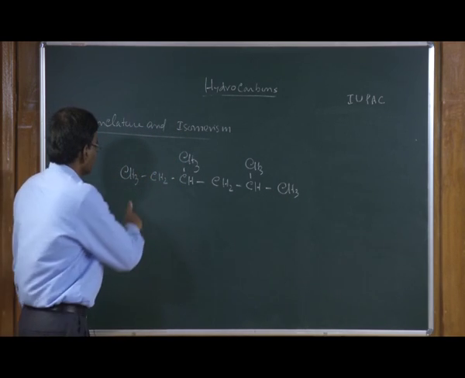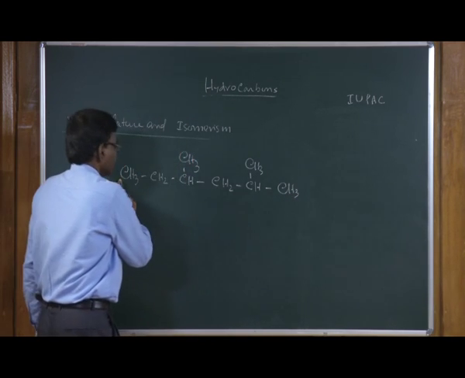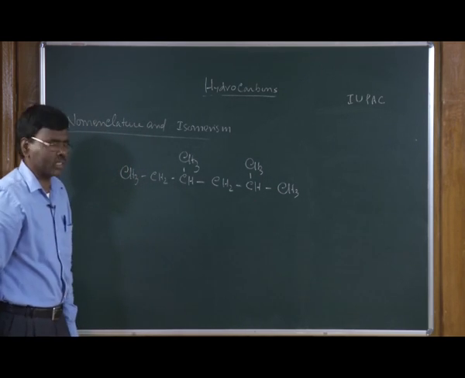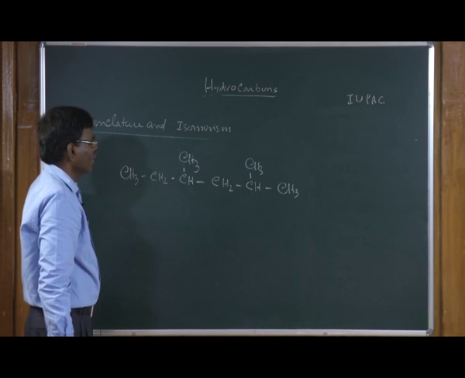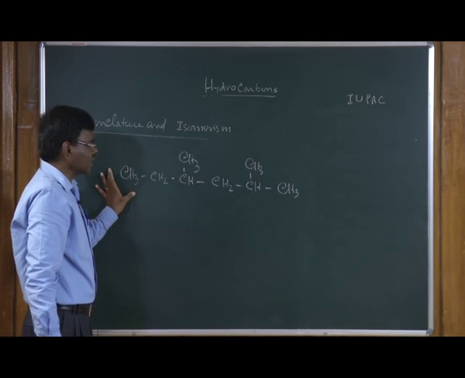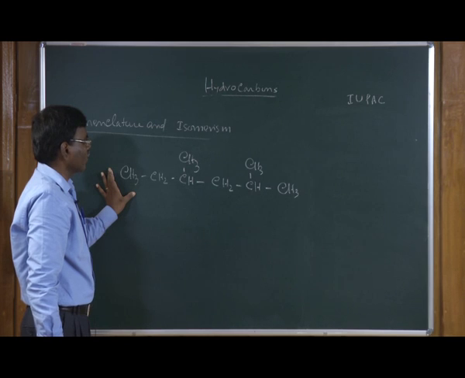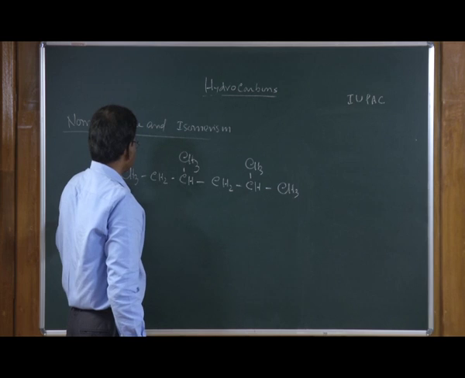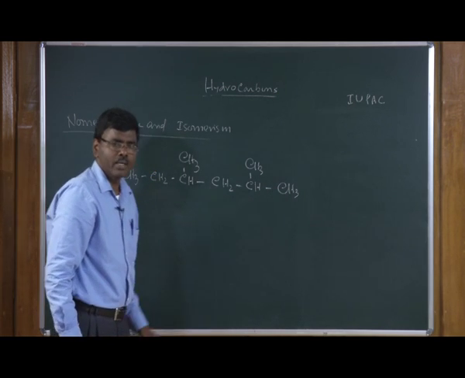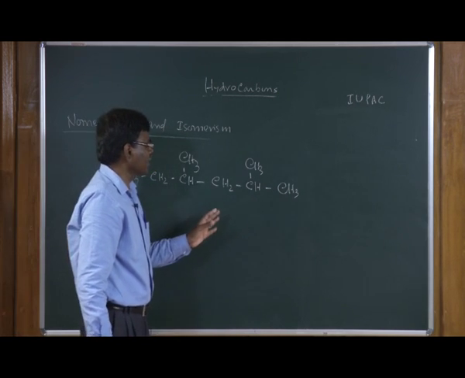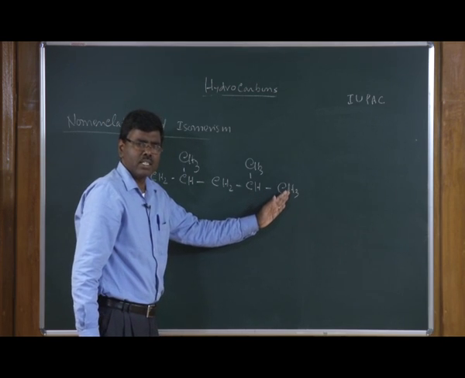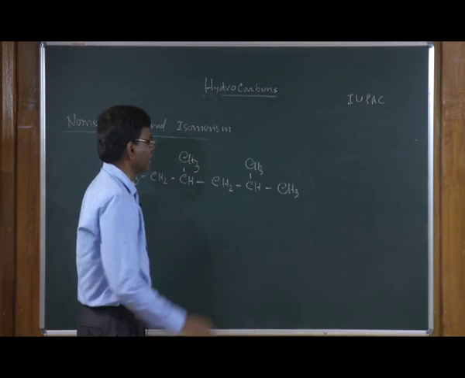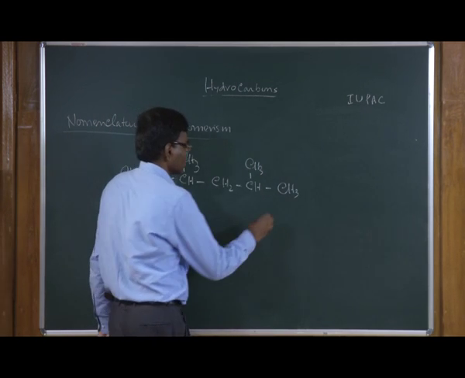The longest chain is this one, and it has 6 carbon atoms. After finding the longest chain, you have to find out where the substitution is. There are two terminals, one on this side and one on that side. We have to find which end is very close to the carbon that contains the substitution. In this case it is here, so you have to start numbering from here.